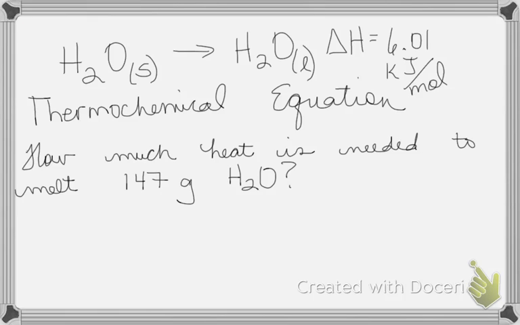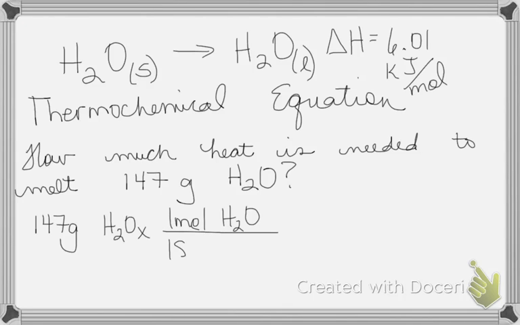First thing we should do is convert grams to moles, because we said if you don't know what to do, convert grams to moles every time, right? So convert grams to moles. And that's dividing it by the 18.02 grams of water.